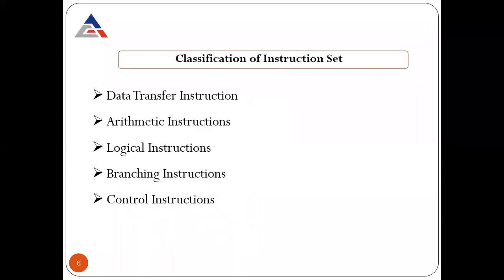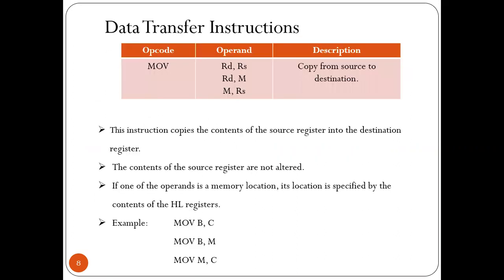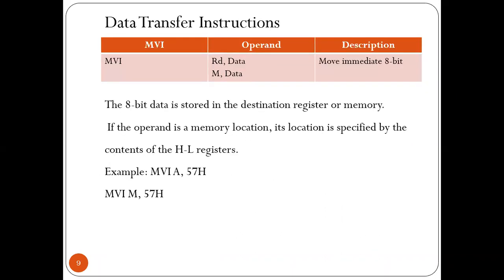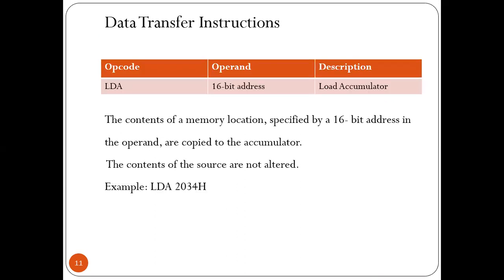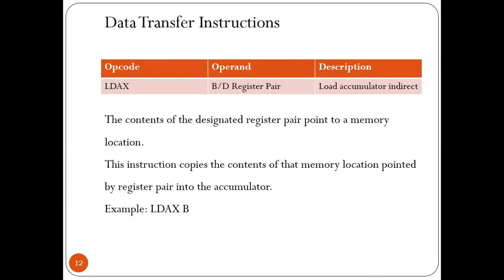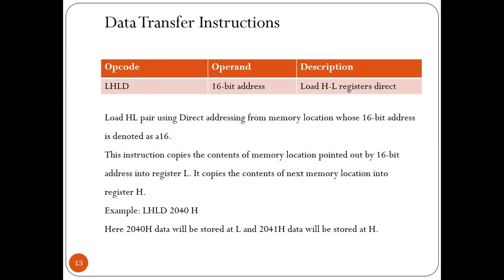In the instruction set, we started a few data transfer instructions. The first data transfer instruction we discussed in the last lab was MOV. Then we covered MVI, LXI, LDA, LDAX and LHLD, right?